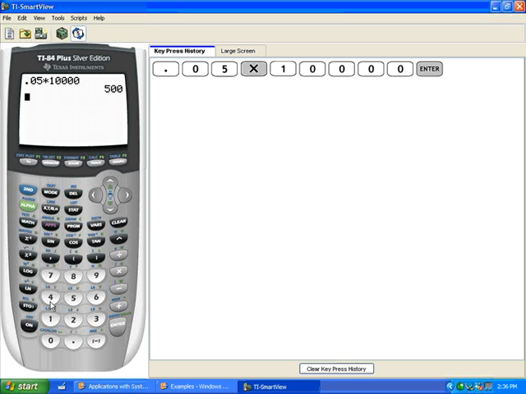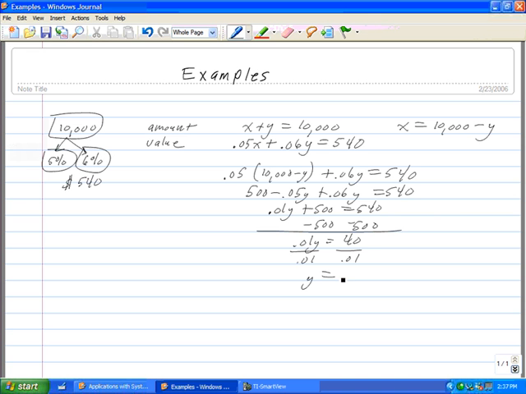Now I need to divide by the 0.01. So on the calculator, I'm going to take the 40, divide by the 0.01, and that becomes 4,000. So y is $4,000.